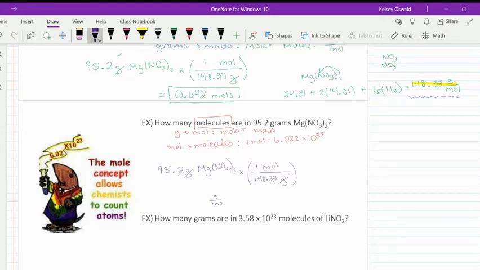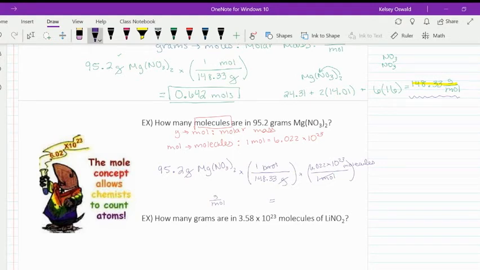This is exactly what we did in the previous problem. We then are going to be able to take it one step further, because we saw in our video yesterday, if I have 1 mole, that's the same thing as 6.022 times 10 to the 23rd particles, or in this case, molecules. So I have moles on top, moles on bottom cancel out, and I'm left with molecules.